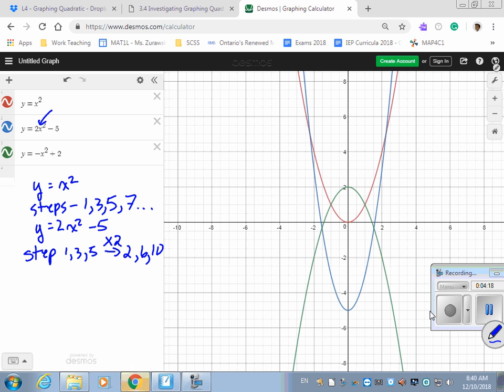And if you take a look at the blue graph here that represents y equals 2x squared minus 5, you'll notice that if I go over 1 on this graph, one step, and then I go up 2, we hit one of the points on our graph.